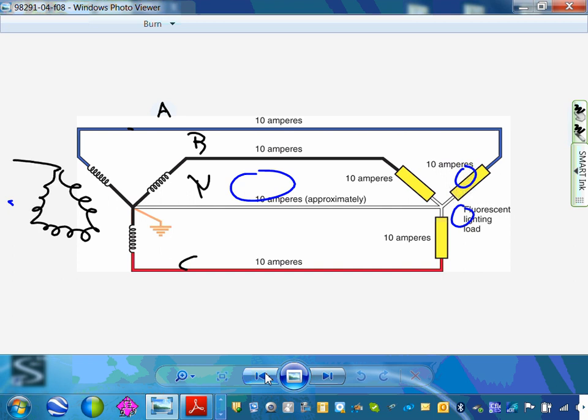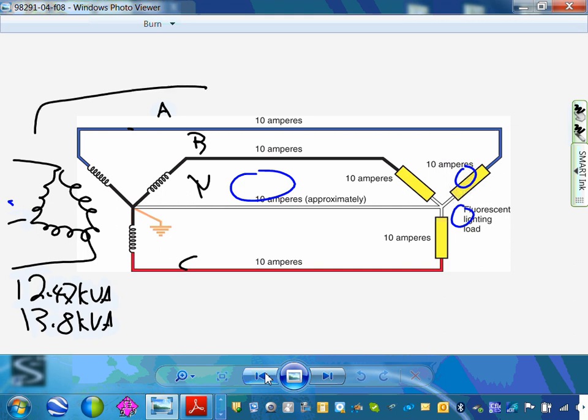This is their transformer, and that will typically be 12.47 kV or 13.8 kV. So 13,800 volts on the primary side, or 12,470 on the primary side, and the transformer will be sitting on a pad like this, a big fat fluffy one, and the phases are phase A, phase B, and phase C.